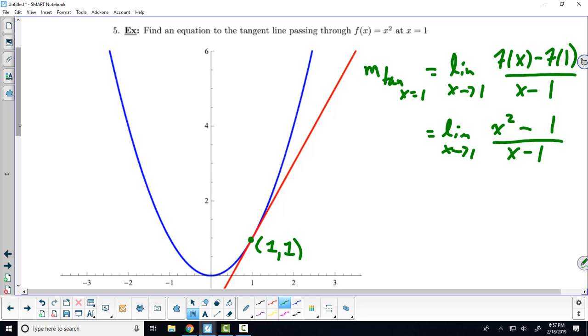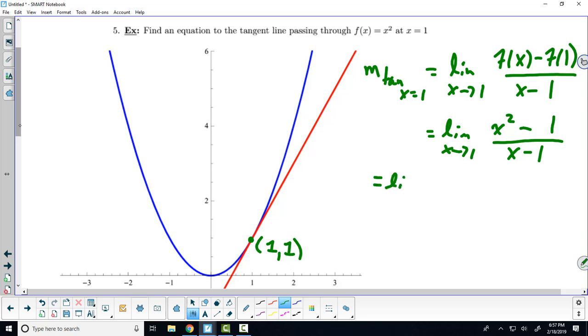Okay. So right away, if you go back to your limit notes, this was the very first limit that we did, or maybe the second one. Okay. This is one of the first limits we did. And you see why we've been doing limits like this, because we wanted to find the slopes of tangent lines and look at this type of expression. I mean, this is an indeterminate form. Okay.